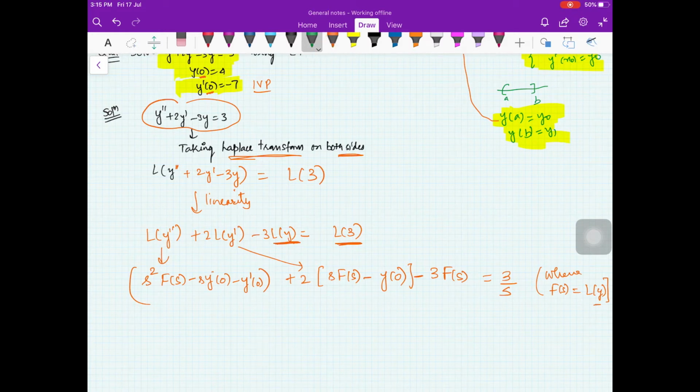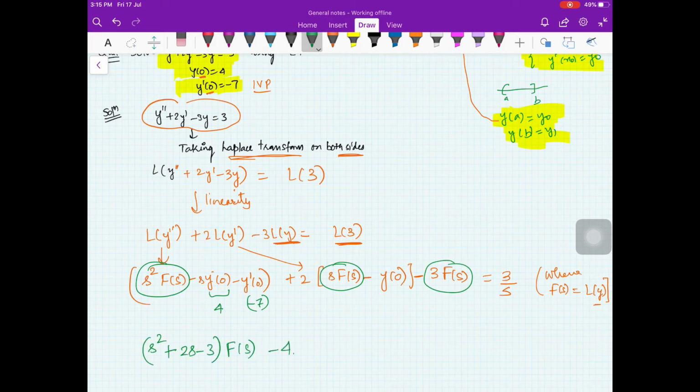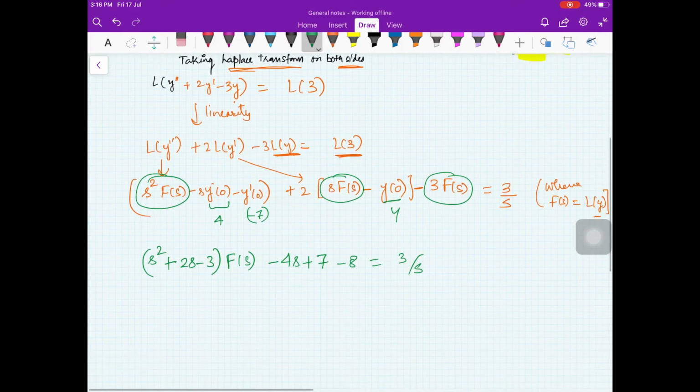Now you see, y of 0 and y dash 0 are given to you. y of 0 is given as 4, and y dash 0 is minus 7. Now you combine the terms containing F of s, so you get s square plus 2s minus 3 times F of s. Then you have minus 4s plus 7, and here you have 4 times 2, so minus 8, is equal to 3 by s.